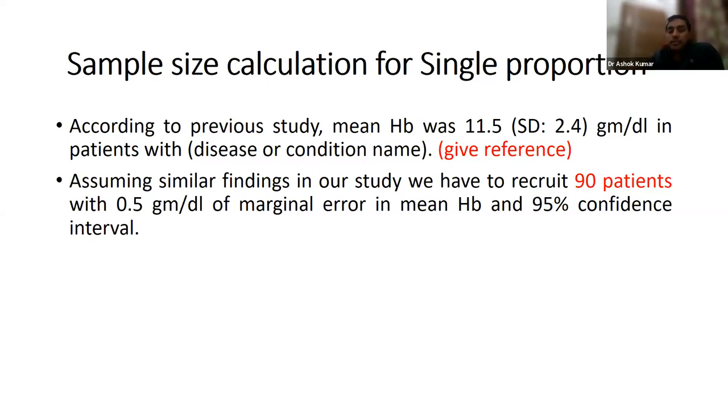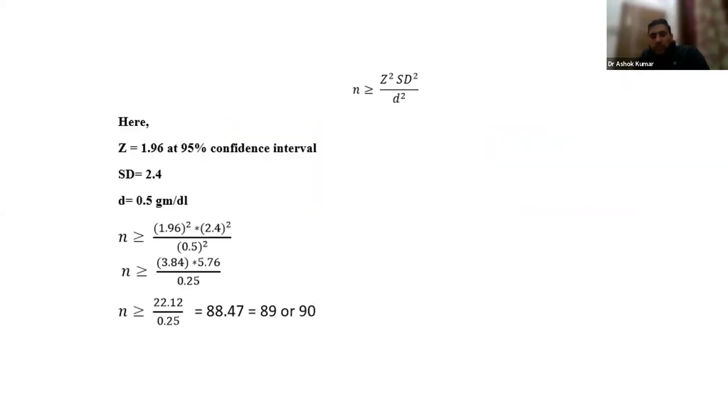And when we add this margin of error to 11.5, it is coming 12. So in our study, we assume that the mean HB may range from 11 to 12. You can take margin of error whatever you want, but it is just a hypothetical example. Okay. So this is sample size calculation.